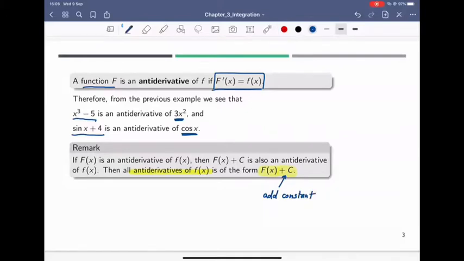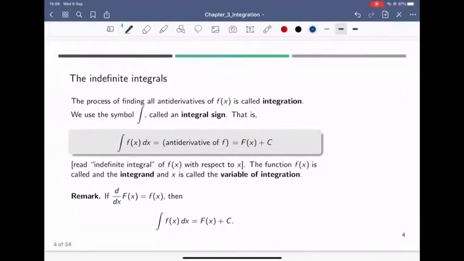So when you compute the antiderivative, you have to add c back into your answer. All right, so that's called antiderivative. I'm going to go over our theoretical part first, and then we're going to do the examples after.